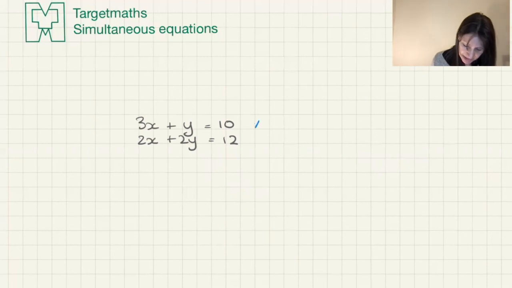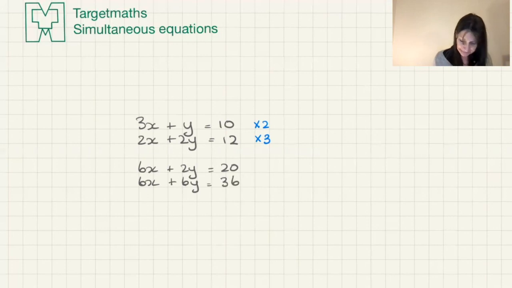Okay, so I'm going to times the top one by 2 and the bottom one by 3 so that I can get my match. That's going to give me 6x plus 2y equaling 20 and 6x, 3 times 2 is 6, so plus 6y equaling 3 12s are 36.